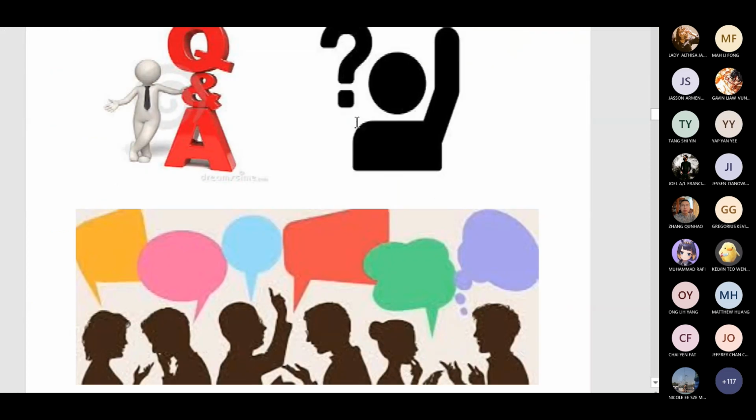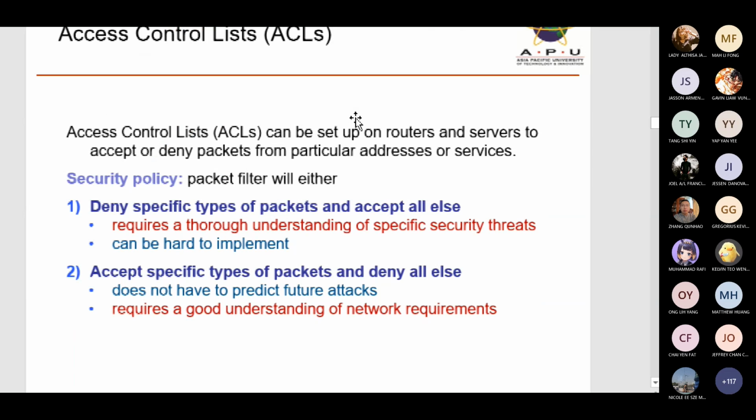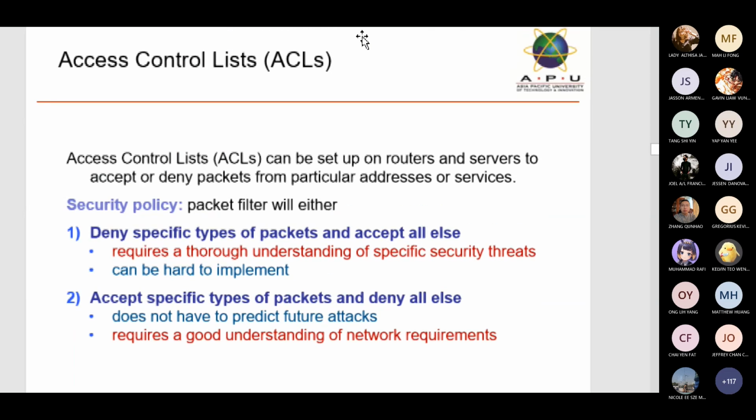Okay, so that's the overview of how we watch the traffic. But all of that relies on some rules. And we think of those rules as being not in a database, but in a list of rules called the access control list.